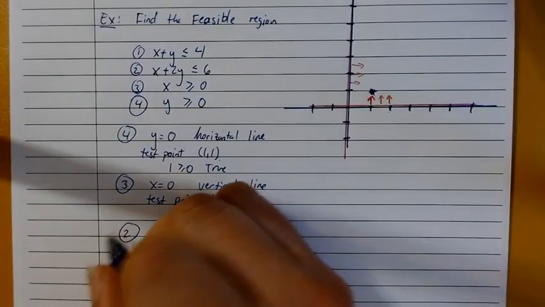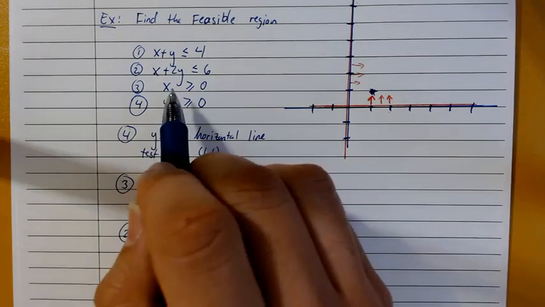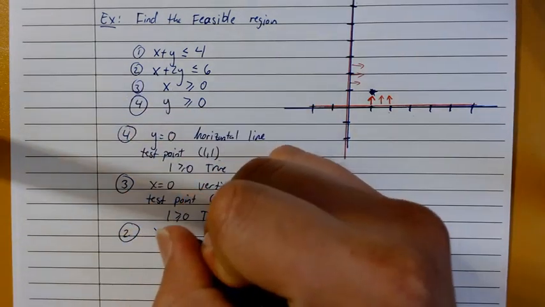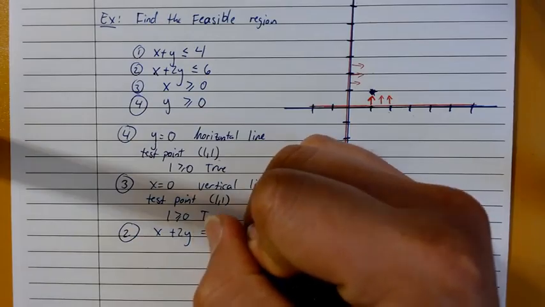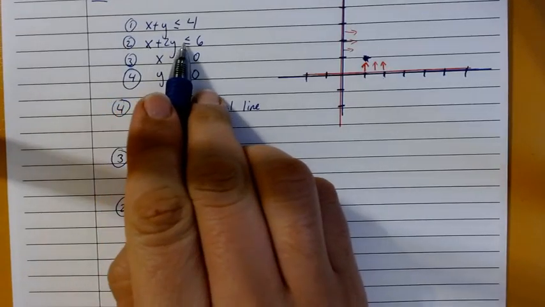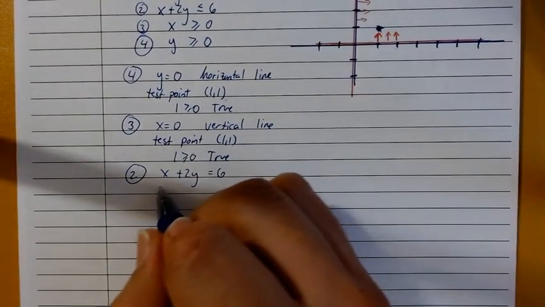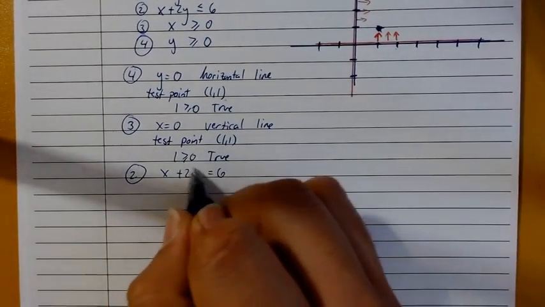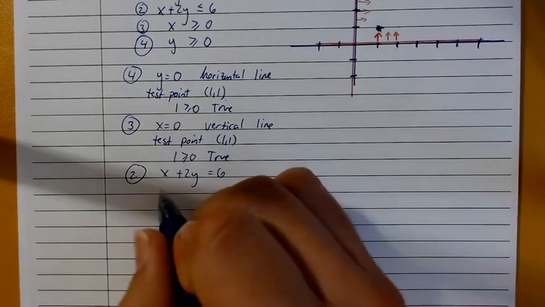Okay. My line number 2. Well, now this has both variables, so this is going to look more like the problems we've been seeing. If I have x plus 2y is equal to 6, I can isolate my y variable and graph using the slope-intercept form.